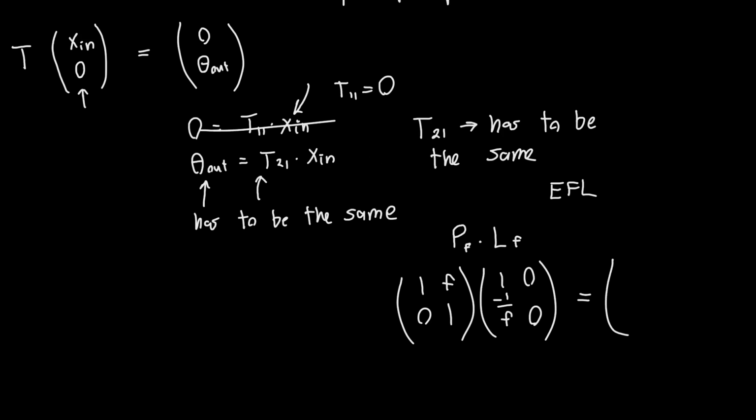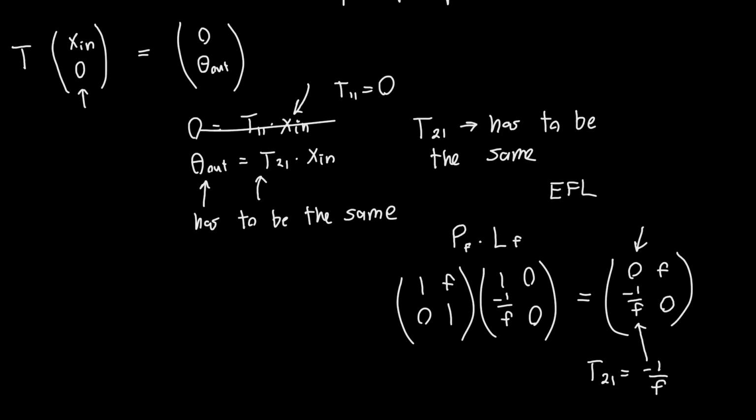We know the propagation matrix, we know the matrix for a thin lens, and you can do the math and you'll get that the matrix looks like this: 0, f, minus 1 over f, 0. And this satisfies our first condition that t11 is equal to 0, so that's comforting. That means we've got some consistency. And t21 here, you'll see t21 is just minus 1 over f.